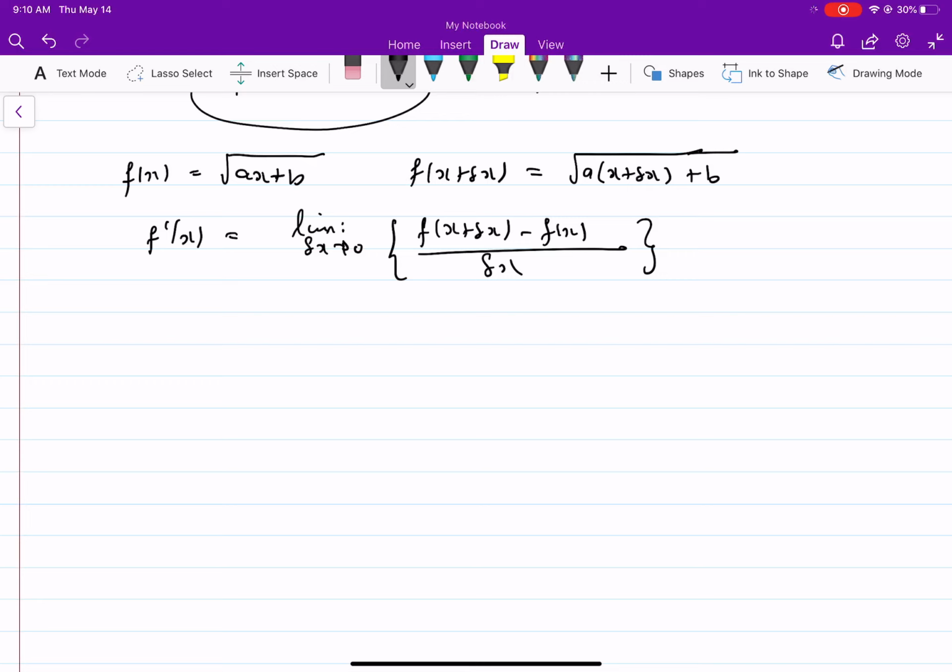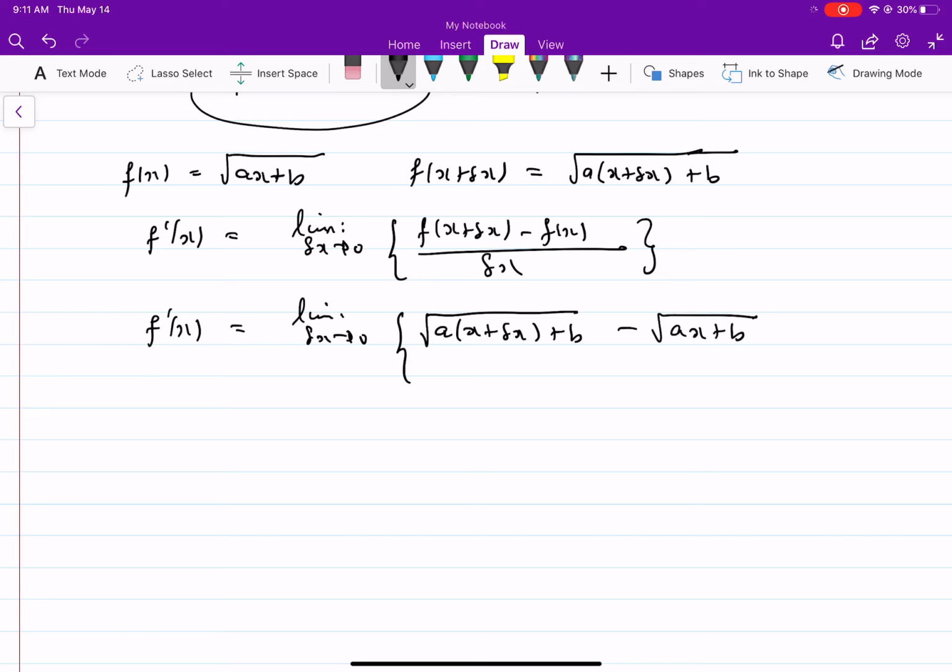If we were to substitute, f prime of x is equal to the limit as delta x approaches 0 of the expression for f of x plus delta x, which would be the square root of a into x plus delta x plus b, minus f of x, which is just the root of ax plus b, and I'm going to divide that by delta x.